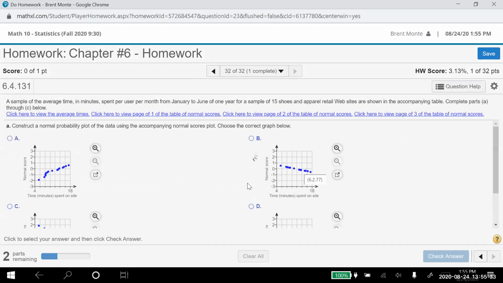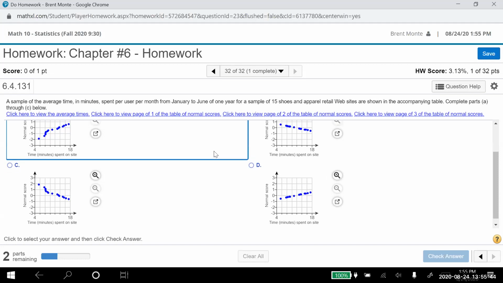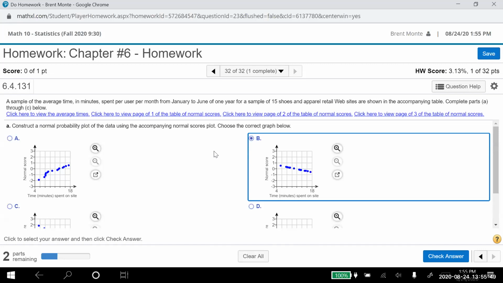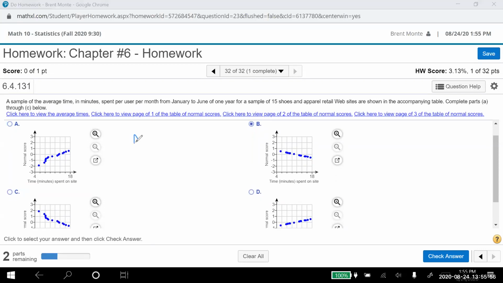This one we're actually going to build our own normal probability plot. And so it's going to look closest to one of these four. Well, here's what we do. What I want to do is draw on this a little bit, because what we're going to do, my normal probability plot, is called a QQ plot.